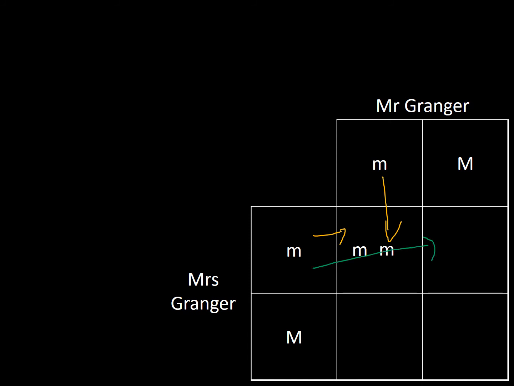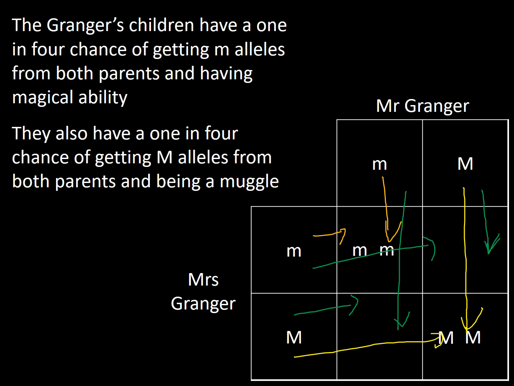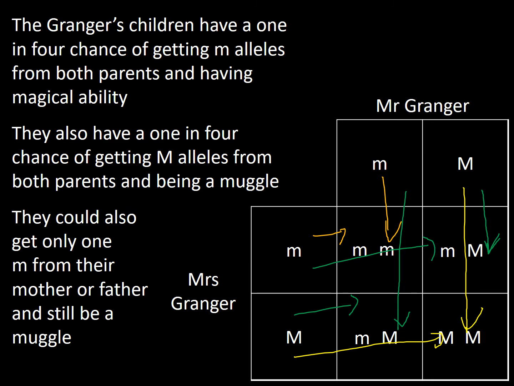Over here, we have a capital M, little m. Here, same thing, capital M, little m. And this very last box is a capital M, capital M. So we have a 1/4 chance of having the wizard ability, a 1/4 chance of being homozygous dominant for being a muggle, and a 1/2 chance of being heterozygous and carrying the gene.